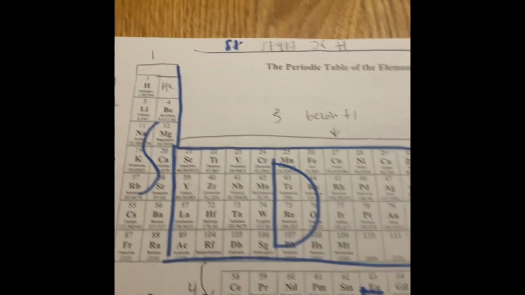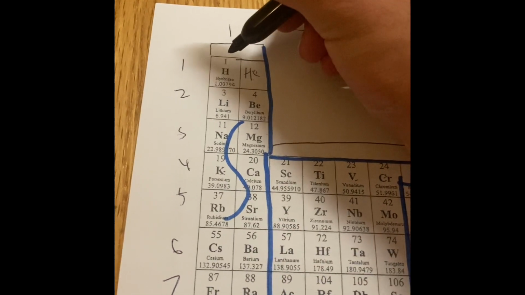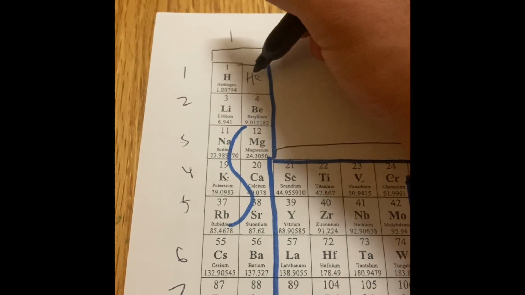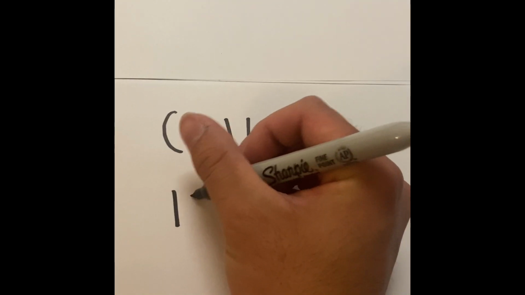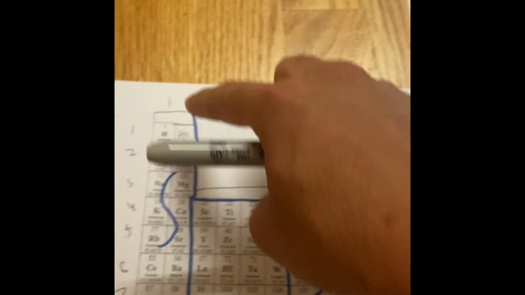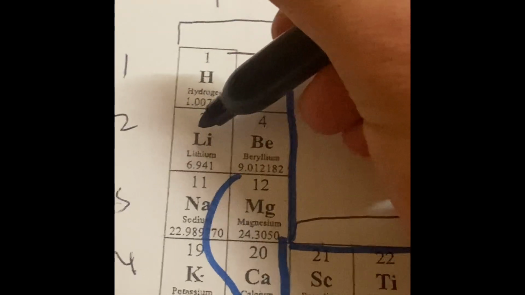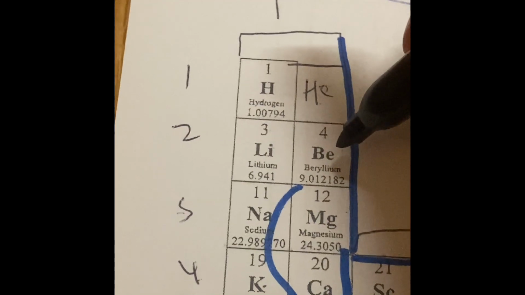So, let's get started. From the top, let's start. 1s1, 1s2. So we're going to say 1s2 because, remember, helium went to the other side. So 2s1, 2s2.